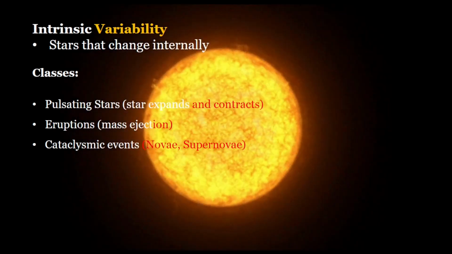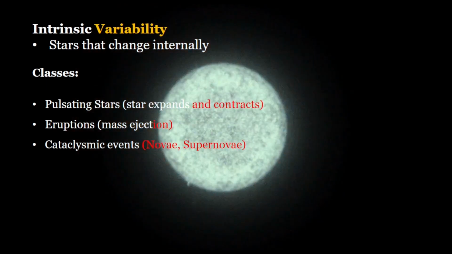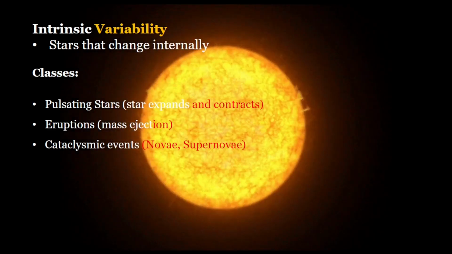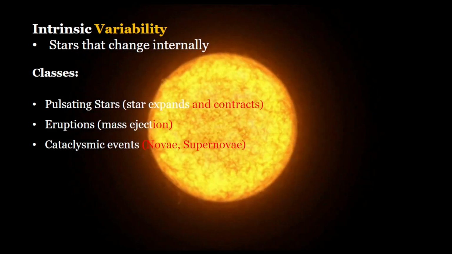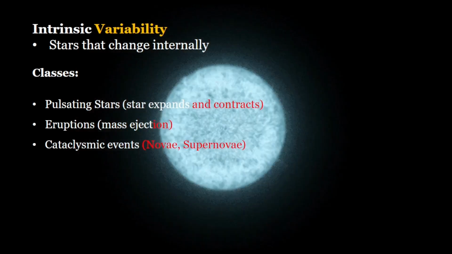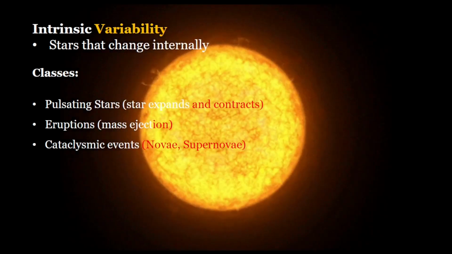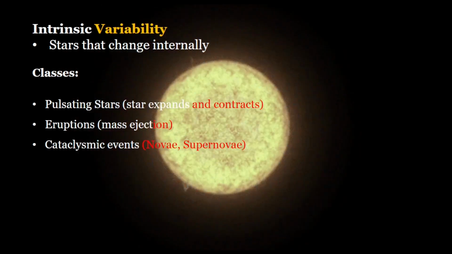But before we go into that, let us see the classes of these variabilities. We have pulsating stars. In pulsating stars, I will explain it later. Then we have eruptions.